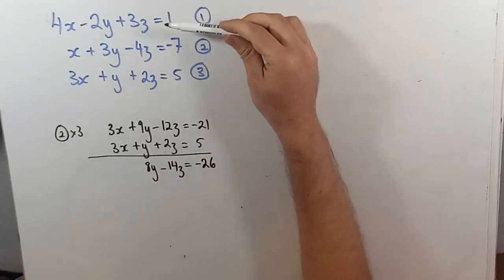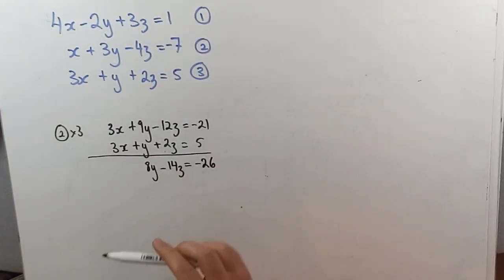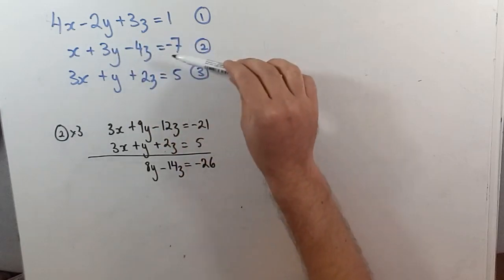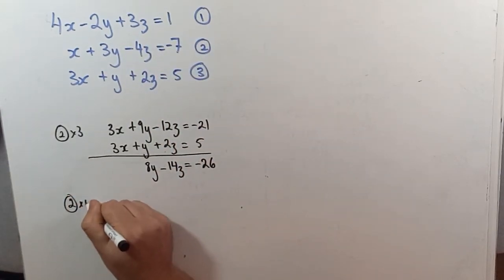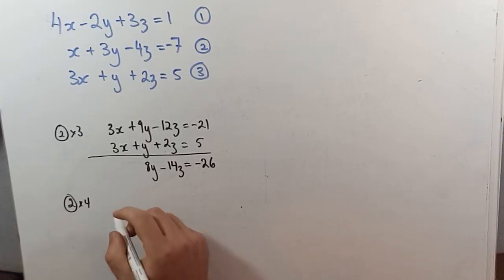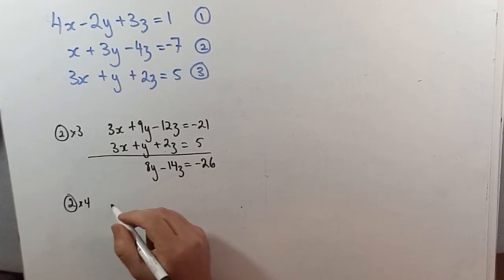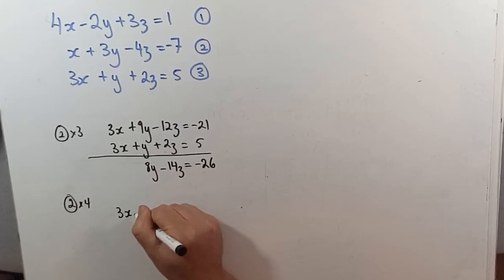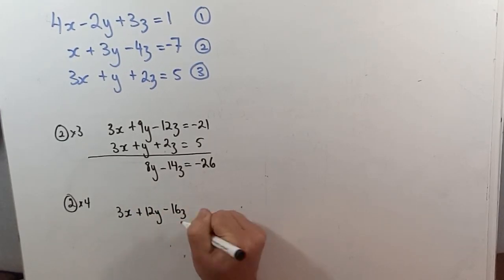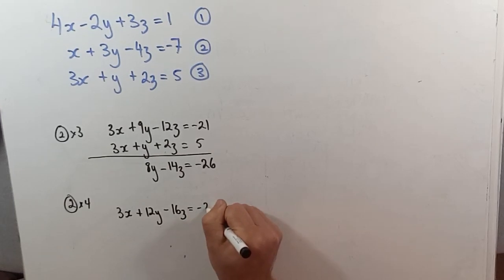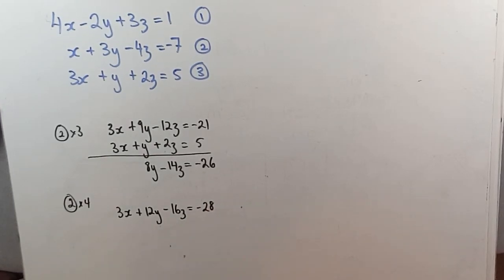All right, now let's take equation 1 and 2 and eliminate the x. We're going to have to multiply this one by 4. So we'll multiply equation 2 by 4. What do we get? We've got 3x plus 12y minus 16z equals negative 28. Oh, sorry, I've mucked that up.